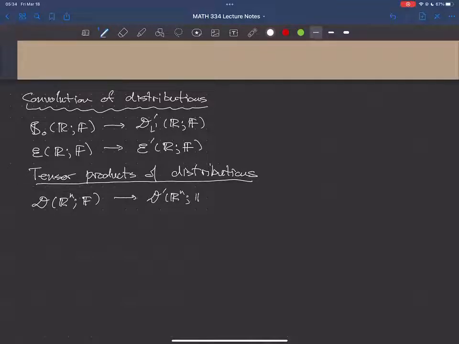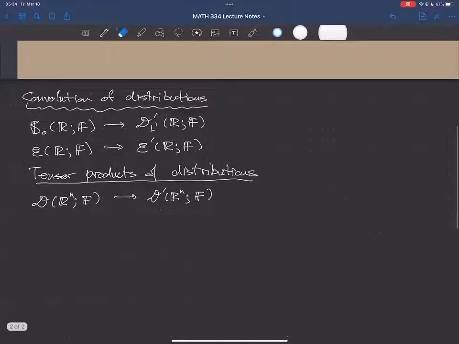And so you can talk about distributions not just on R but on Rn, and in fact you can talk about distributions with more general domains than that. This applies similarly to all the kinds of spaces of distributions that you talk about.